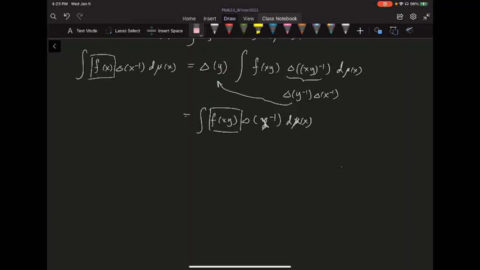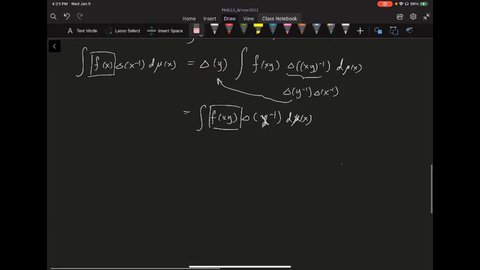We integrate f(x), and that gives you the same as when you integrate f(xy). If we call this new measure ρ', then dρ' is Δ(x)^{-1} dμ(x), and we have that ρ' is going to be a right Haar measure.